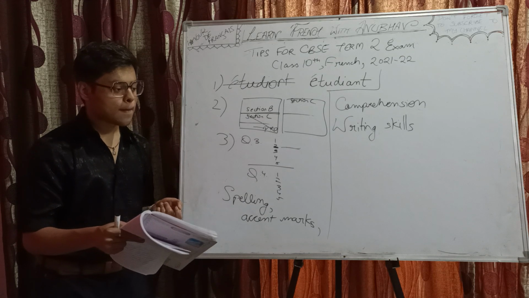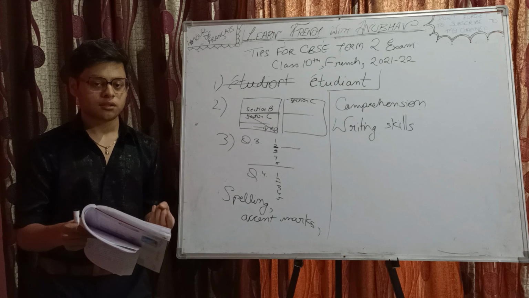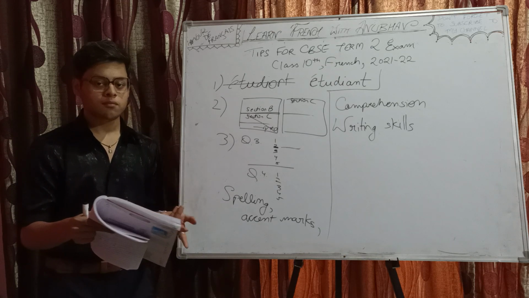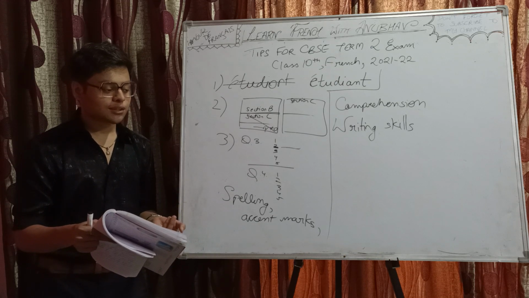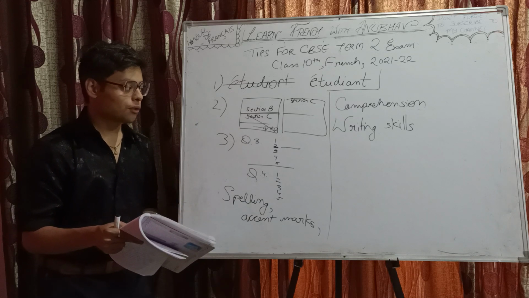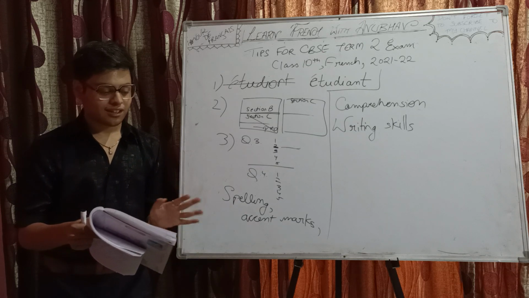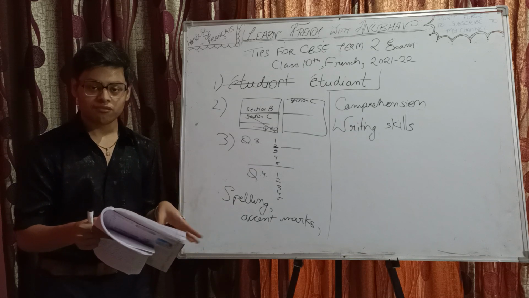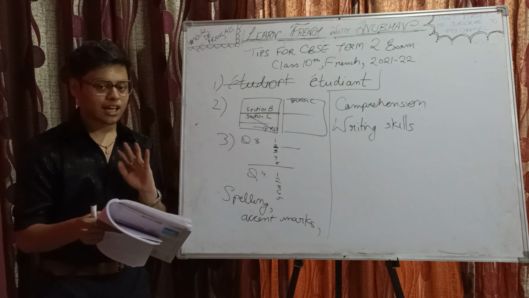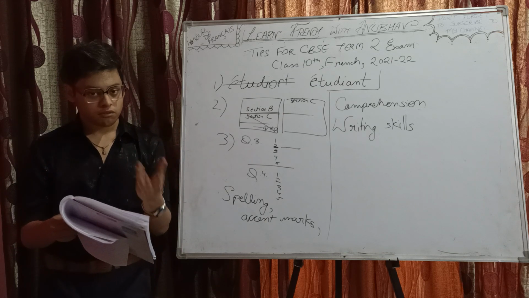Because the answer sheets go to the evaluator, the person who checks, in an anonymous manner, to avoid any sort of bias. So don't write your actual name after signing off in the letter. Write ABC or XYZ, or if you are given a name in your question, write that name.